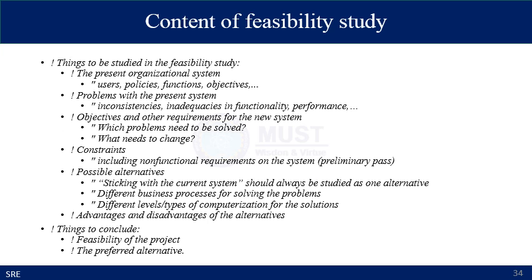There are some certain elements which need to be studied in the feasibility study. For example, the present organization system, the users, policies and functions and objectives are a critical part of the feasibility study, along with the problems of the present system, such as inconsistencies and inadequacies in the functionality and performance.